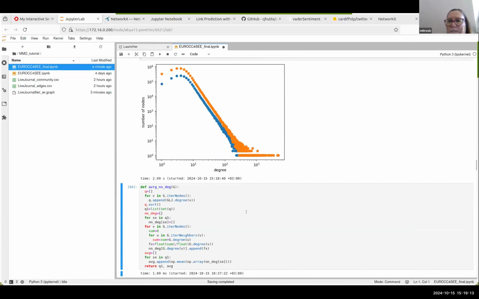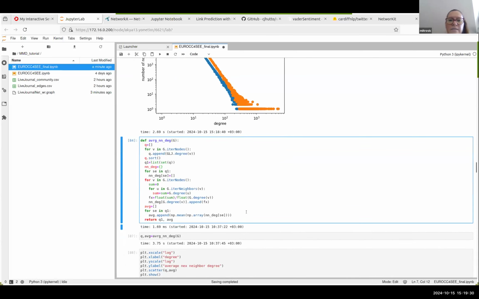The next property is the one that I mentioned that shows us assortativity. Unfortunately, unlike NetworkX that can calculate the average neighbor degree of a network for each node, NetworkX doesn't have this solution.